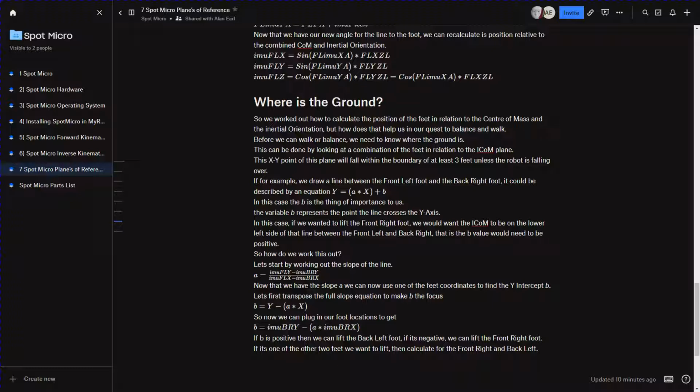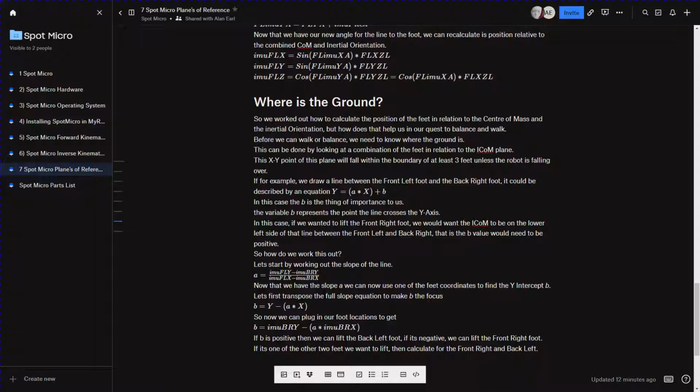Once we have the slope, what we really need is the point where the line intersects the y-axis, which is in a standard slope coordinate equation, B. So if we look at a standard slope line formula, you get this y equals a times x plus b. And that's what we're trying to work out.